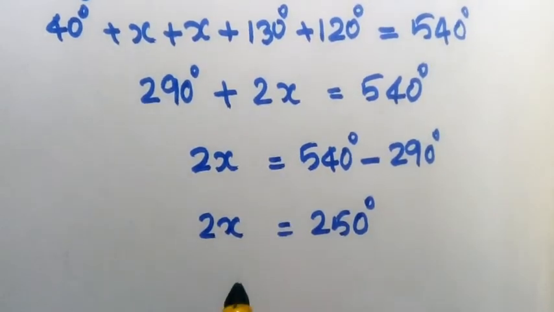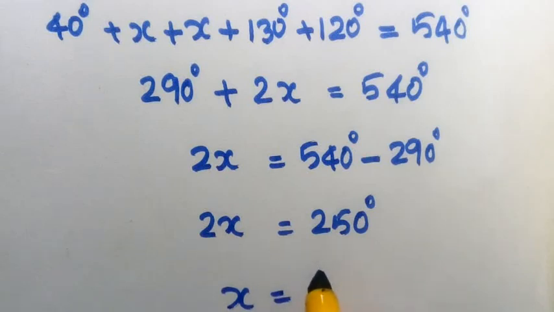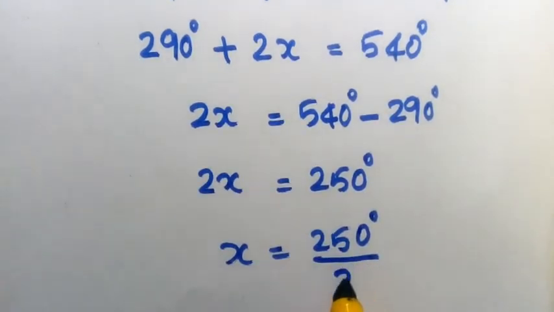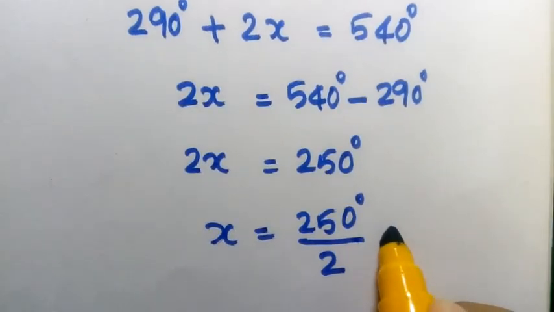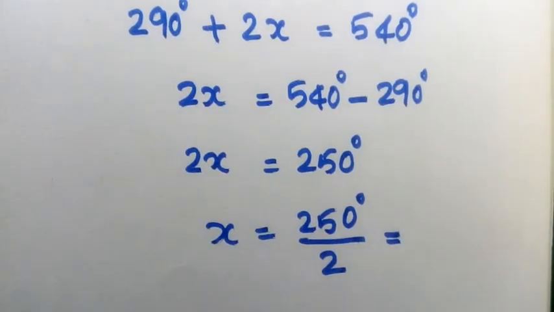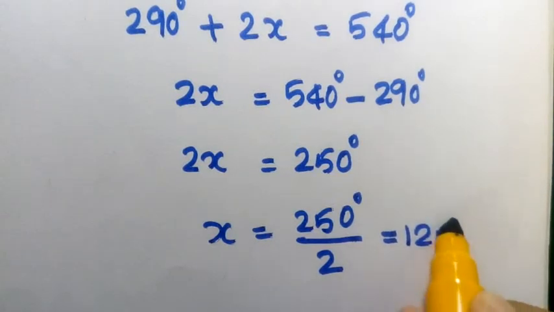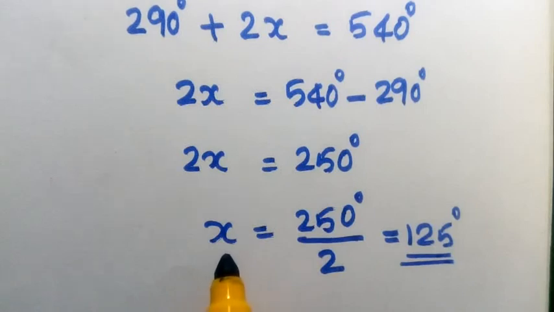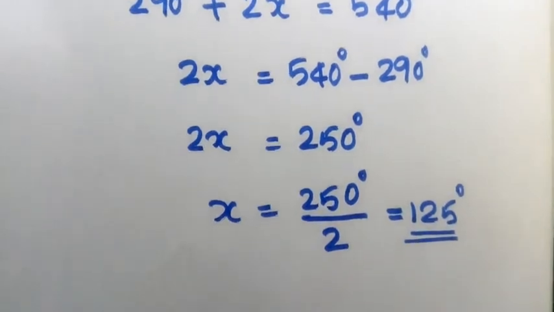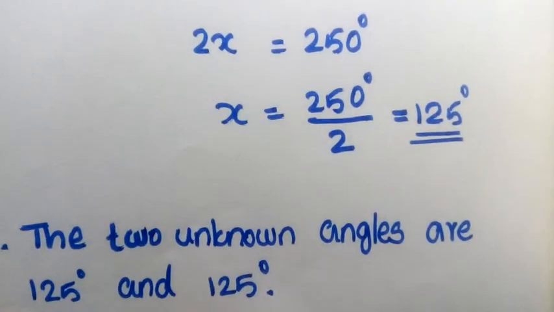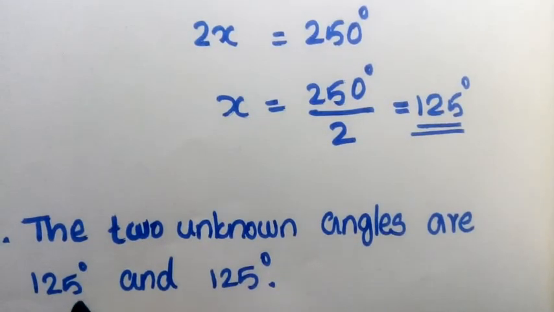From this, x is equal to 250 degree divided by 2. What is 250 divided by 2? Yes, it is 125 degree. Now we got the unknown angle x. It is 125 degree. Therefore, the two unknown angles are 125 degree and 125 degree.